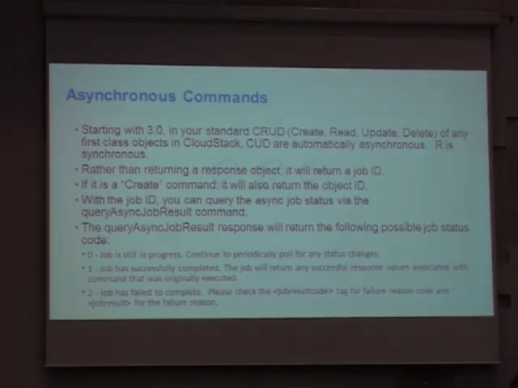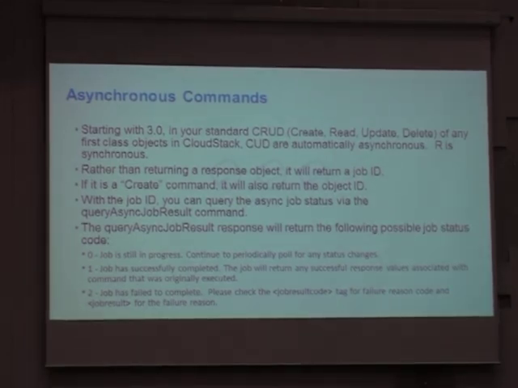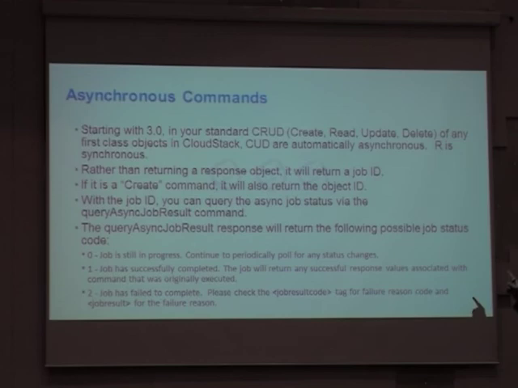And so we introduced the concept of asynchronous APIs into CloudStack since CloudStack was created. But one thing I want to mention, starting with the 3.0 API: the standard CRUD nomenclature of create, read, update, and delete.